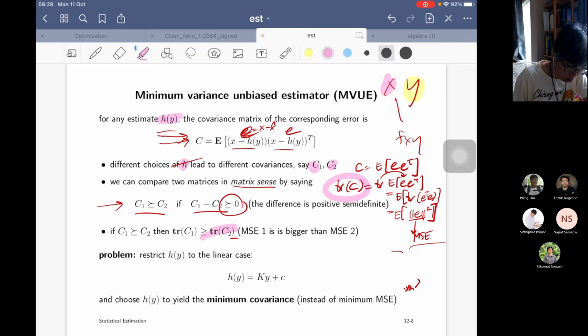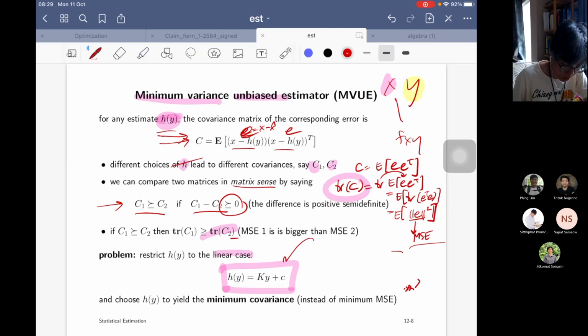Now, the definition of MVUE is for any linear or nonlinear estimator that is unbiased and achieves the minimum covariance by choosing a suitable h. But in this video clip, we focus on the linear form of estimator.